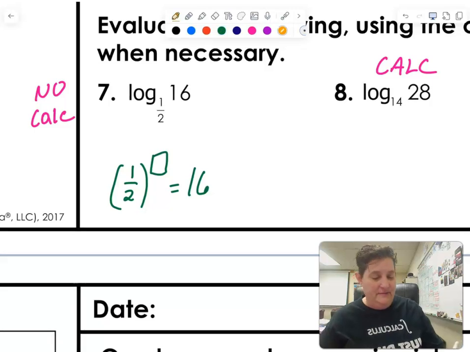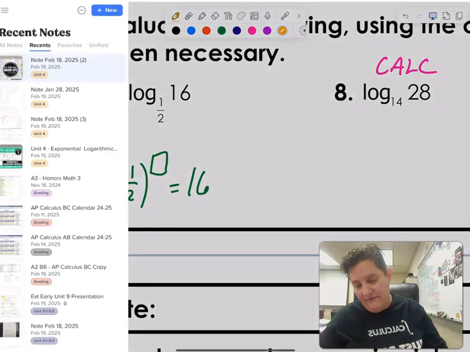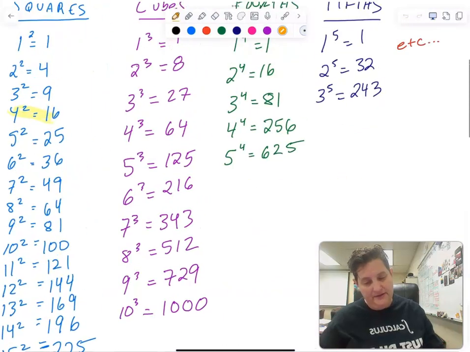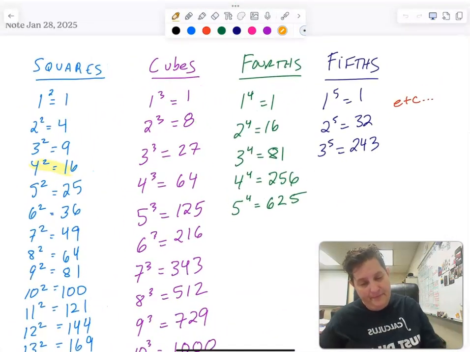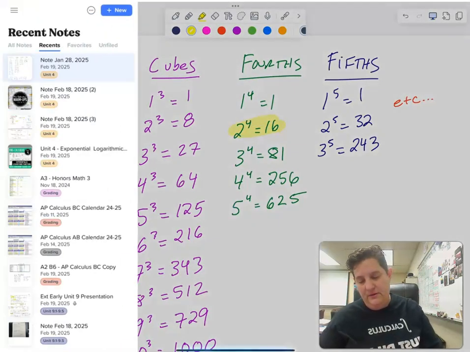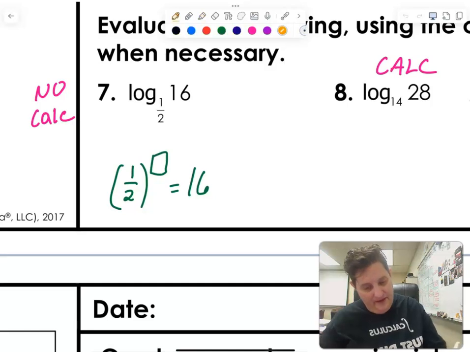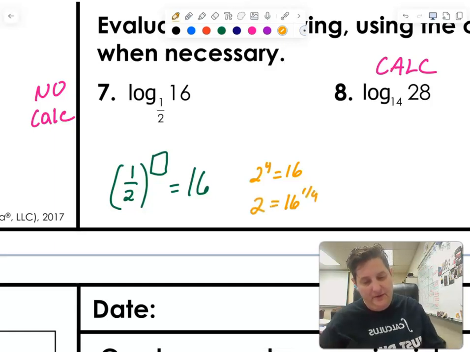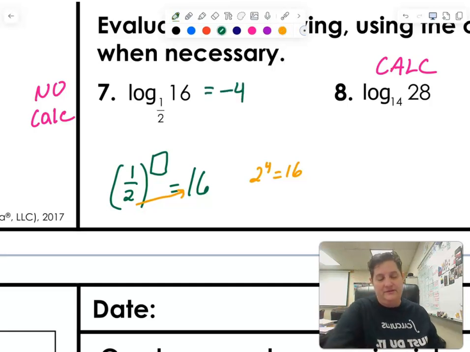And the fact that I'm using off of here is this one. 2 to the 4th is 16, right? So I go, if I know 2 to the 4th is 16, I know 16 to the 1/4 is 2. Oh, but I'm actually not going that way. Never mind. I don't need that one. If I know 2 to the 4th is 16, but it comes up off the bottom of the fraction, that's going to be -4. That's how we do that one.